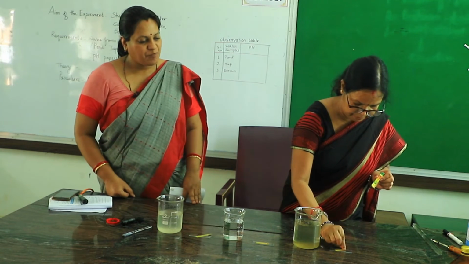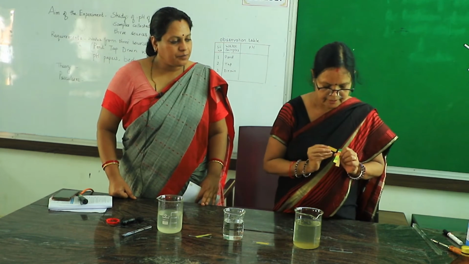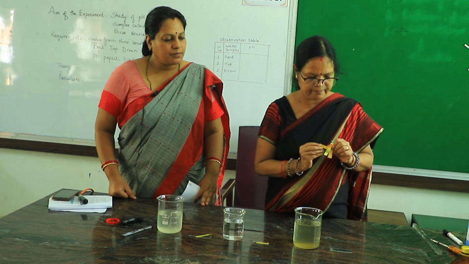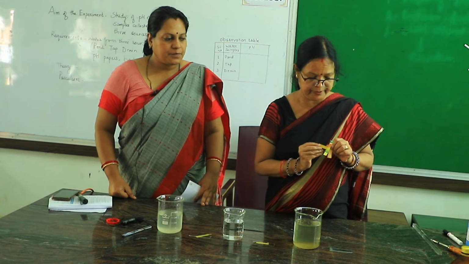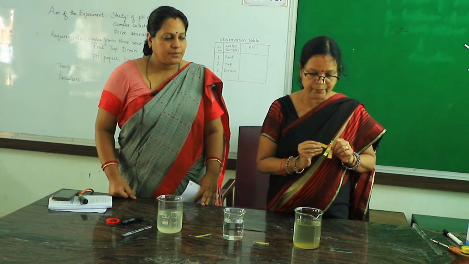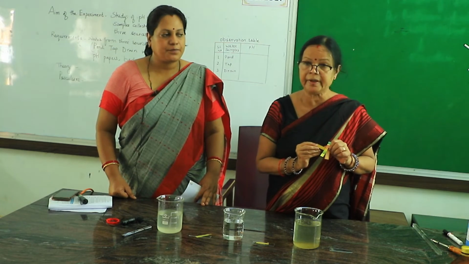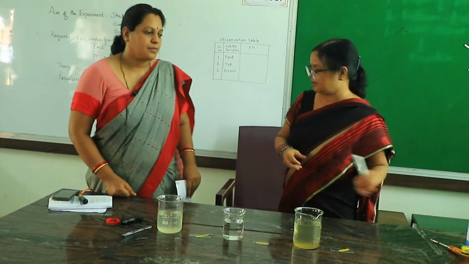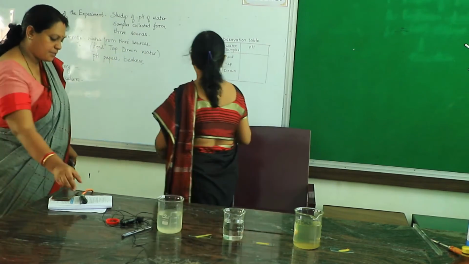Next is pond water. It has a slightly green color, between 7 and 8 pH, so it is 7.5. So the pH of pond water is 7.5, alkaline. Now you have to write the pH in the observation table.